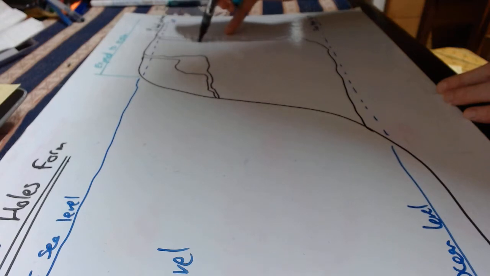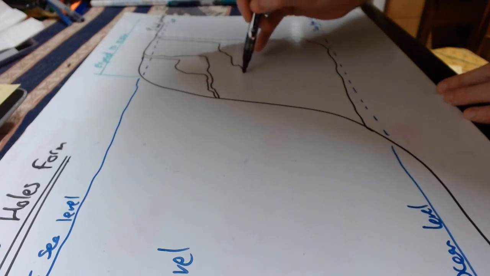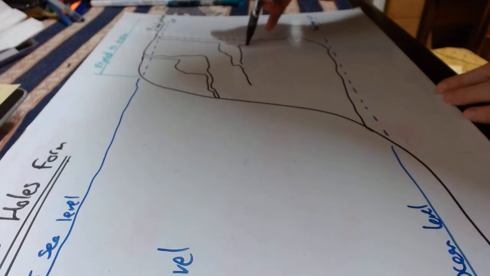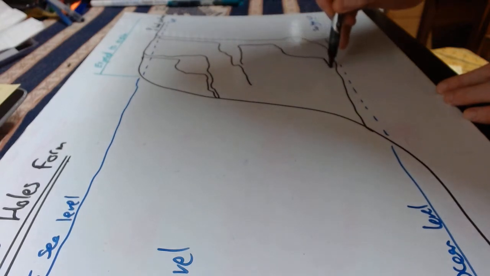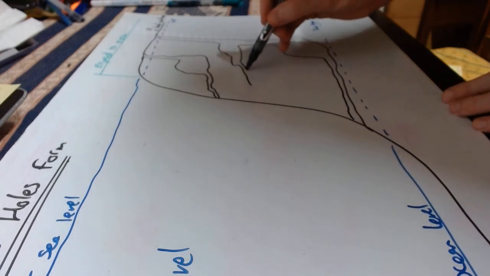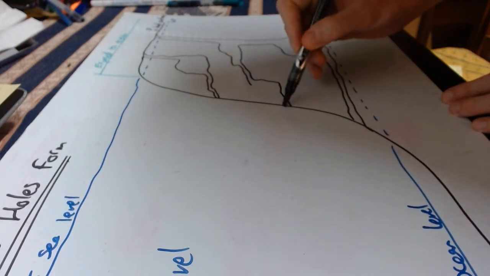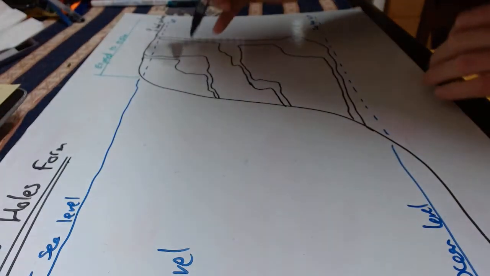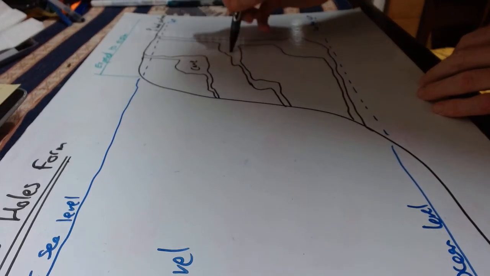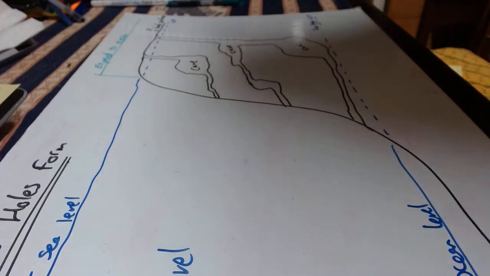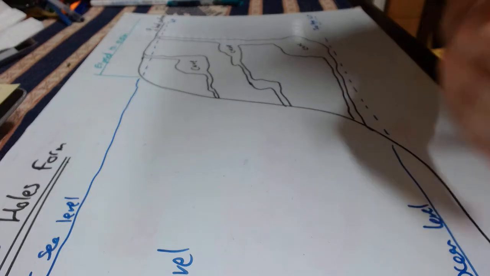This could have come down and had a cave, and then it could have come down like this. So lots of different things or cave systems would have occurred. I'll just write cave, cave, cave, all the while the sea level was so low.